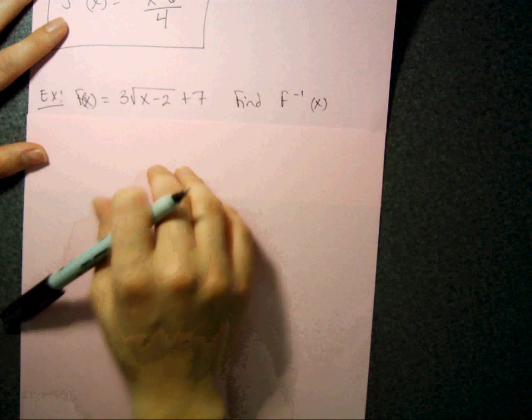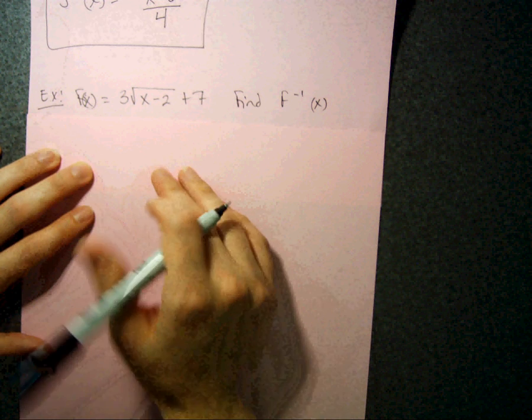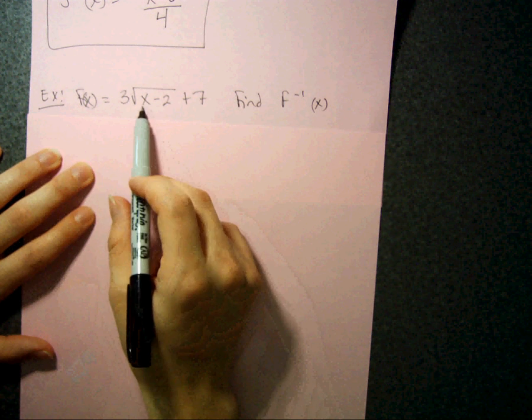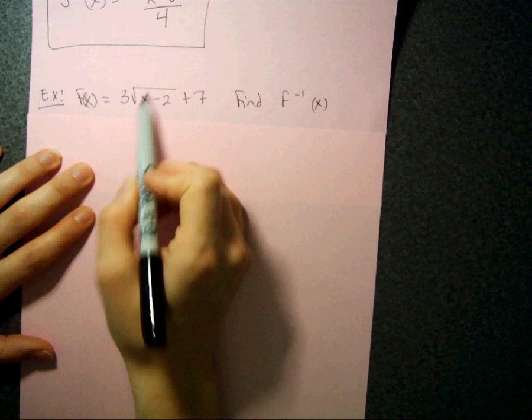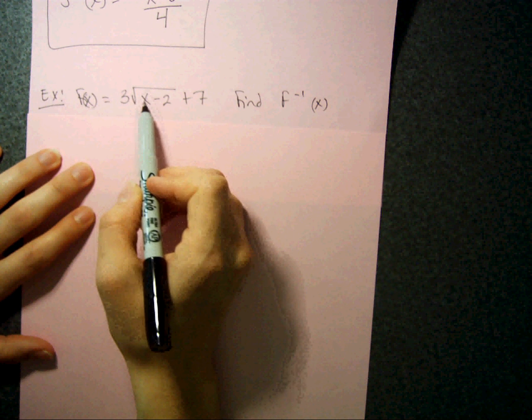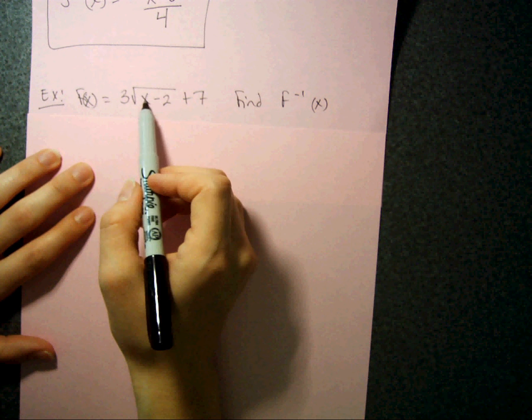And I want to find f inverse of x. So I'm going to start off the same exact way. I'm going to make a list of what f does to my x value. So I'm going to look, okay, here's x. Think of your order of operations. What would be the first thing that I would have to do if I plugged in a value for x?